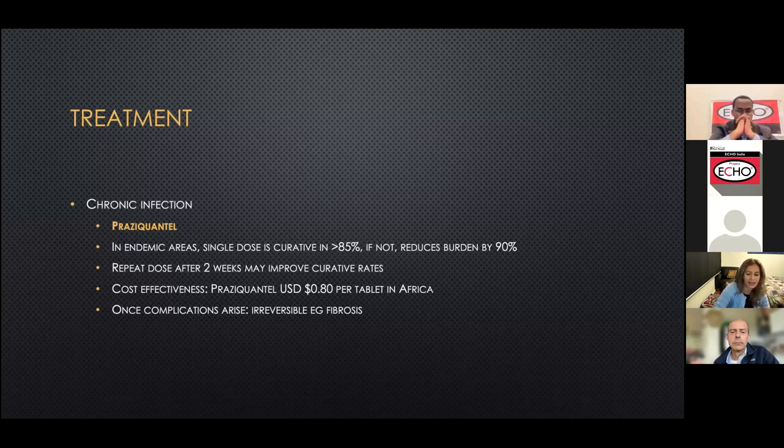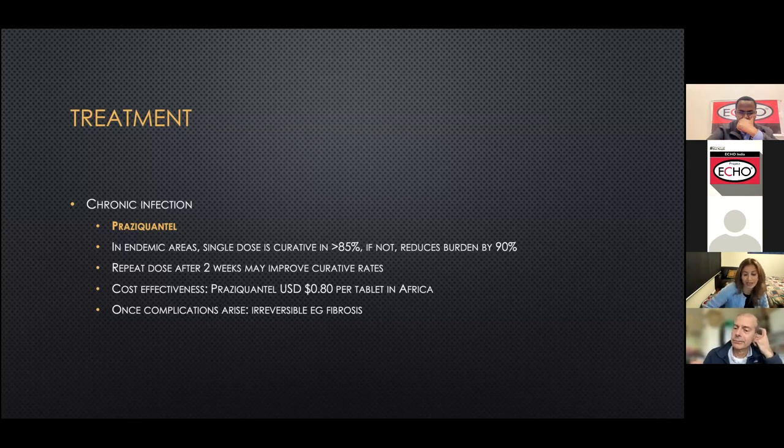And, to me, it seems that even a single dose or 2 doses during childhood is something that people have trialed. There was a trial in South Africa looking at just treating children en masse, and they tried to do a cost-benefit analysis on this and found that the cost was not so much the cost of the drug that was prohibitive, but actually getting the personnel out to administer the medication.